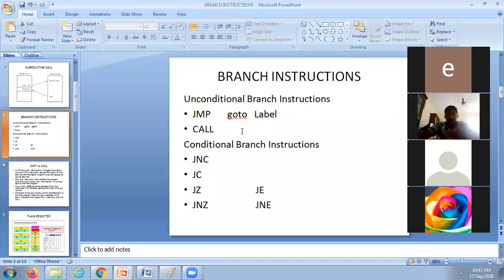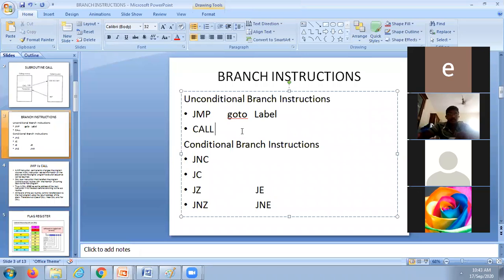Call and jump: jump is different and call is different. Both are unconditional branch instructions. Calling means you are calling a subroutine, you are calling a function. Jump means you go to that particular place, a particular address. This is fixed.